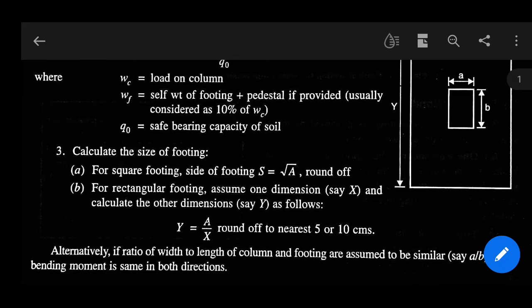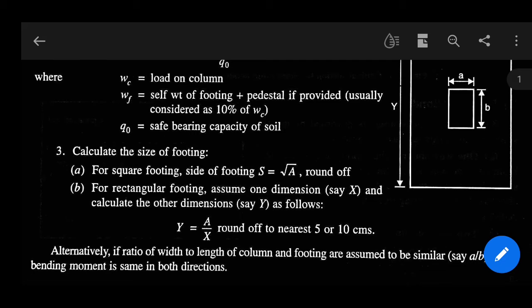For square footing, size of footing is very easy. If we denote one side of footing S, then S is equal to root over A, and we have to round it off to a higher value, definitely not to a lower value. For rectangular footing, we have to assume one dimension, say X, and calculate the other dimension, say Y, as follows.